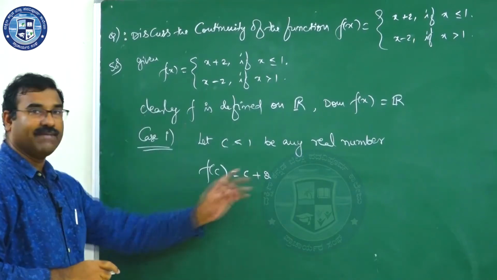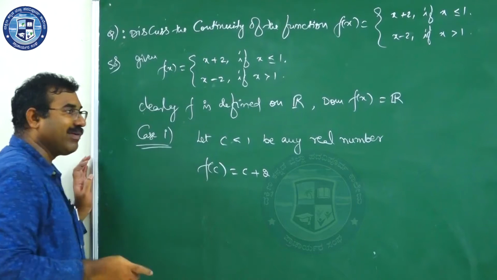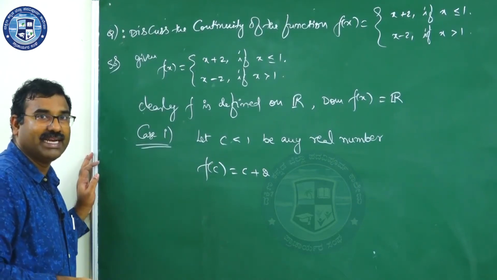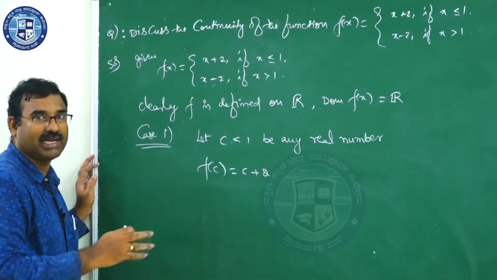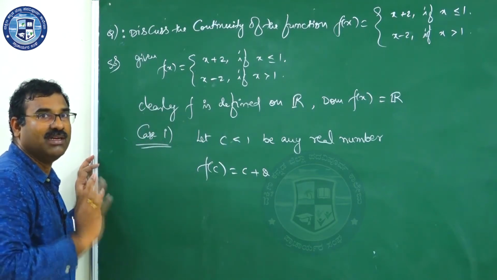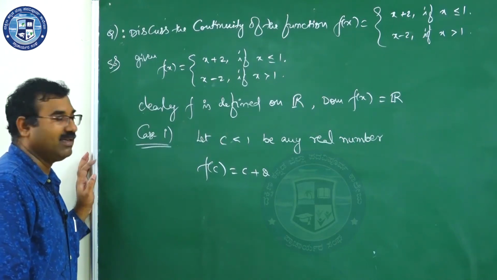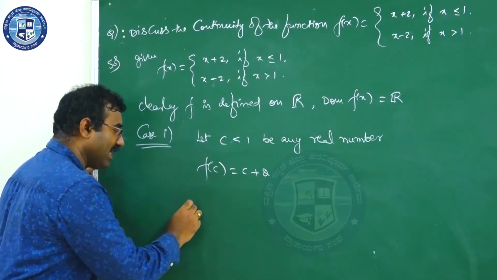So f of c is equal to c plus 2. Do we require the left hand limit and right hand limit here? Not required, because for all values c less than 1 the function is the same, only a single function it is.